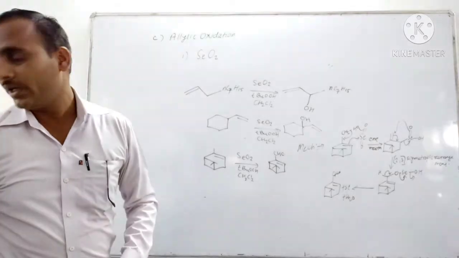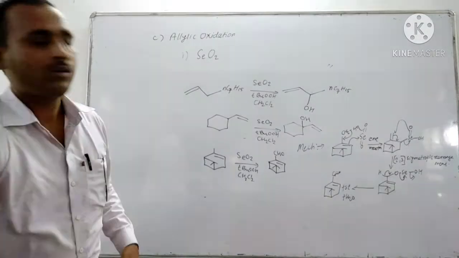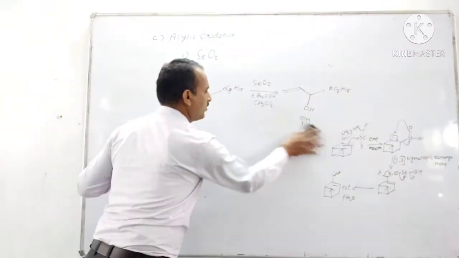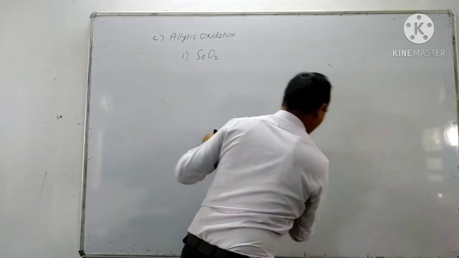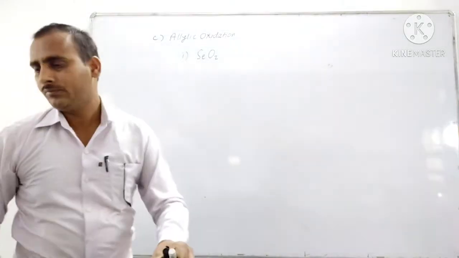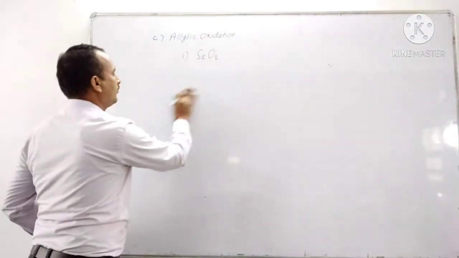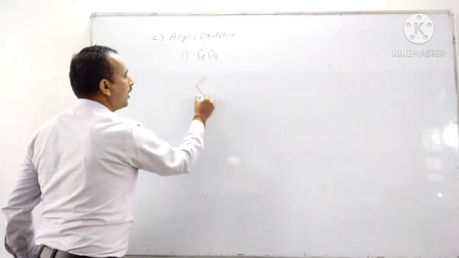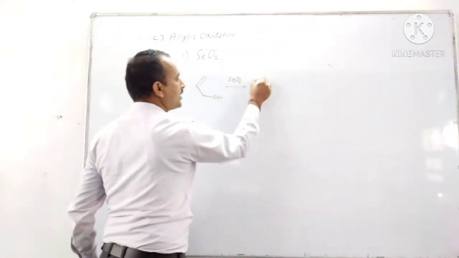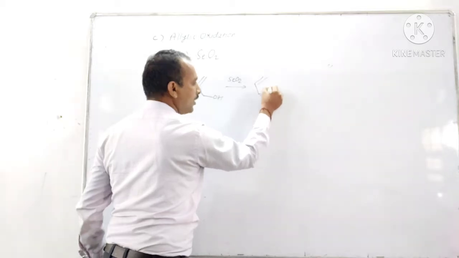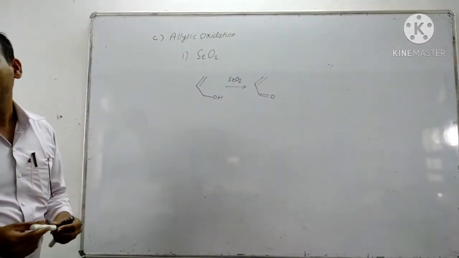So let's see more examples of this reaction. Now allylic alcohol gets oxidized to carbonyl compound, alpha beta unsaturated carbonyl compound.